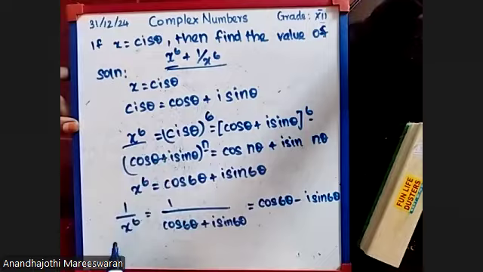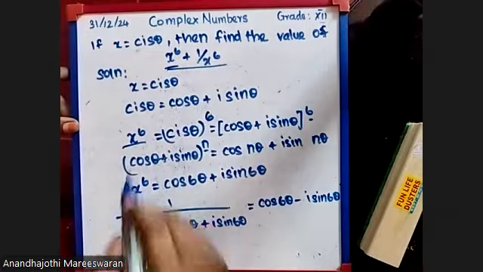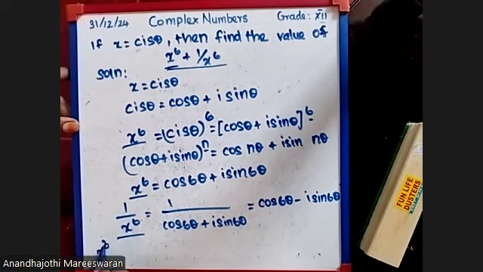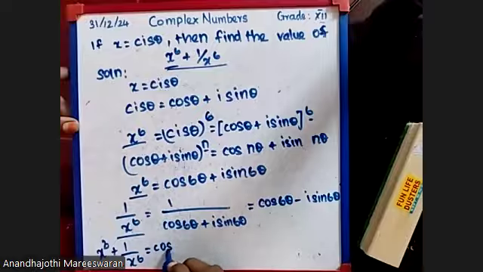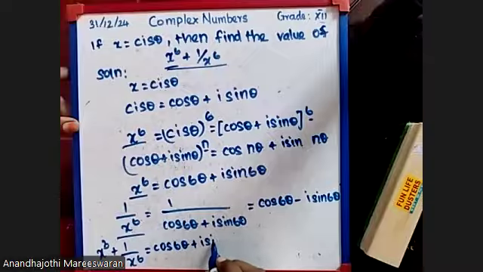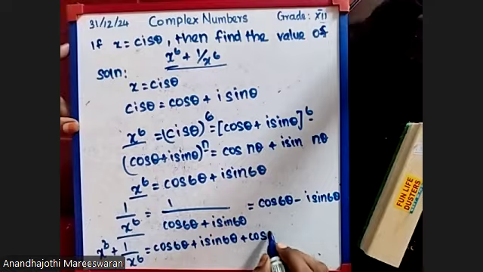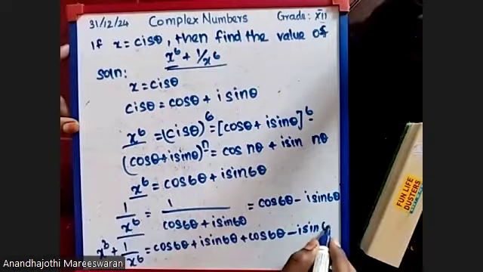We already did both of these, so I am going to add the two of them. X power 6 plus 1 by x power 6 equals cos 6 theta plus I sin 6 theta plus cos 6 theta minus I sin 6 theta.